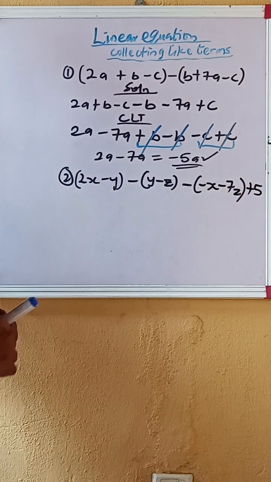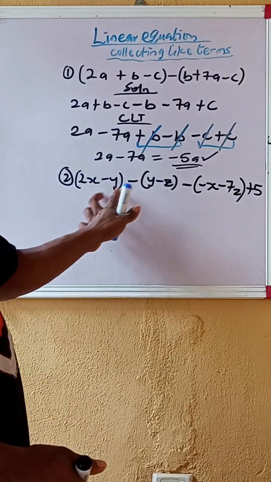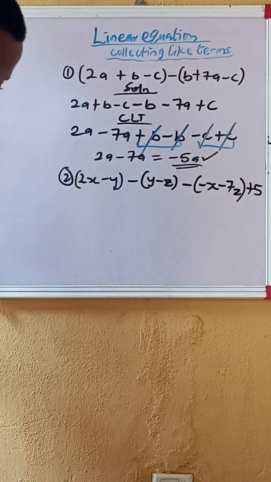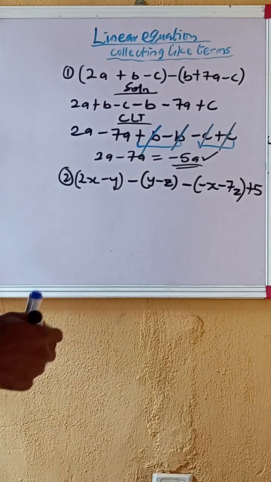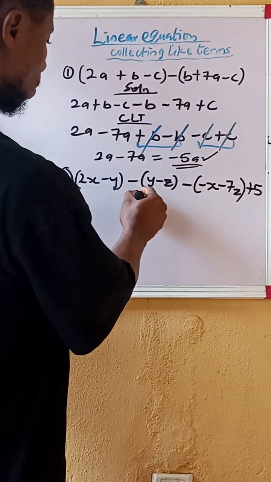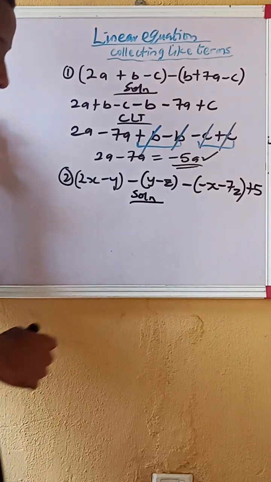So this is a bit long. We have three brackets here, 1, 2, 3. All right, so it is also very easy. All you just need to do is to open the bracket.